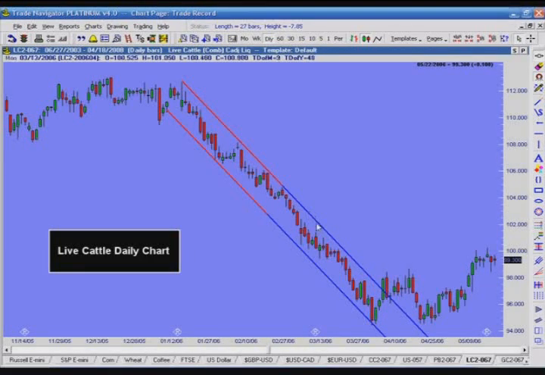This is also true as it accelerates. Note, if you would, that right about here we have an acceleration of the market. It's actually angled a little bit steeper than our original line as the market proceeds with the last half of its decline.